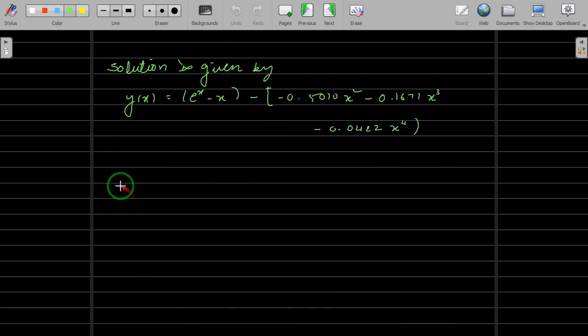Now with this you can check, you verify or you find the values, check what is y at 0, what is y at 0.5, what is y at 1, right? And I'll give a question over here for your writings.